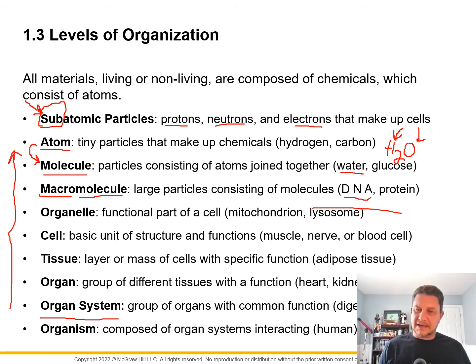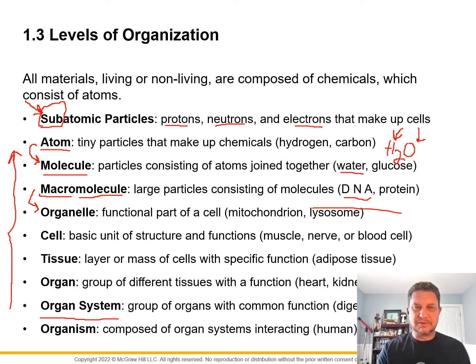So we have atoms. Atoms get together to form molecules. Molecules will get together to form macromolecules. And again, we consider macromolecules organic molecules, which means molecules of life. Those macromolecules will get together to form organelles. You can kind of remember this: organelles are like mitochondria, ribosomes, the things inside a cell.